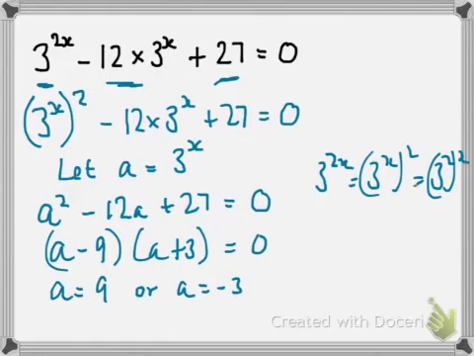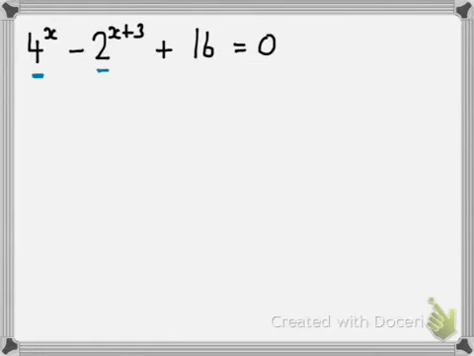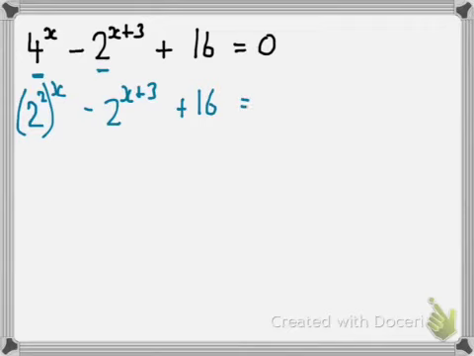So please remember that now as we look at this question, because I'm going to make the 4 here 2 squared, like so, minus 2 to the power of x plus 3, plus 16 equals 0.